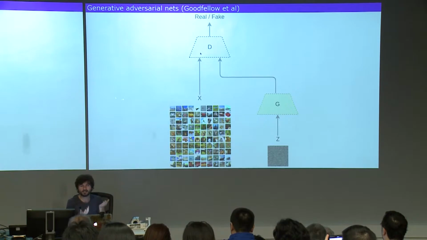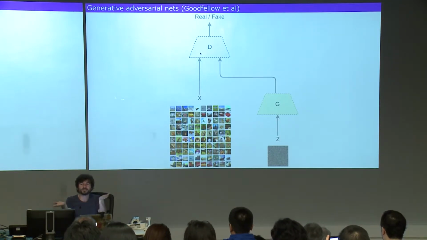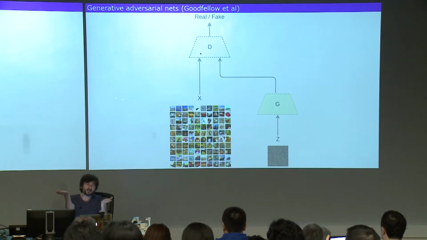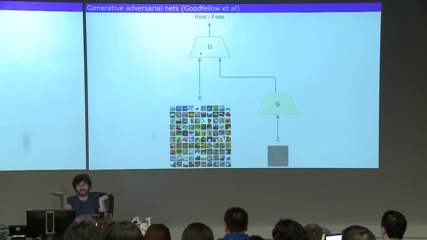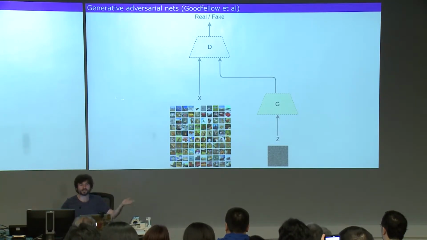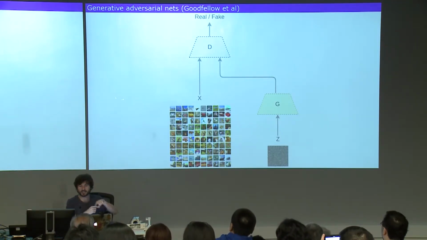They're locked in this competitive battle. In the beginning, both are very bad at what they do, but they're locked in this sort of arms race. G gets better and better at fooling D, and D gets better and better at telling apart G from the real data set. That's why it's called adversarial, right? They're competitive with each other.